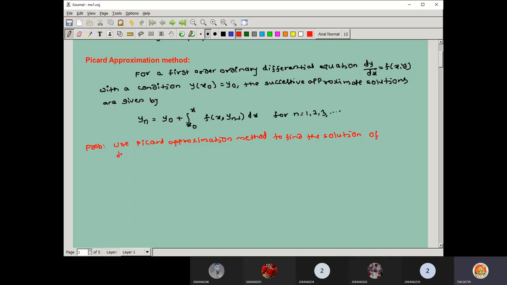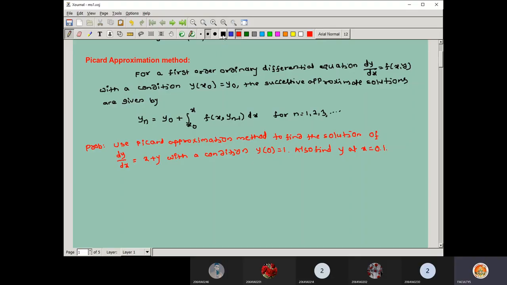It is looking like dy by dx equal to x plus y with a condition. So the condition is mentioned here. It is y of 0 equal to 1. Also find y value at x equal to 0.1.